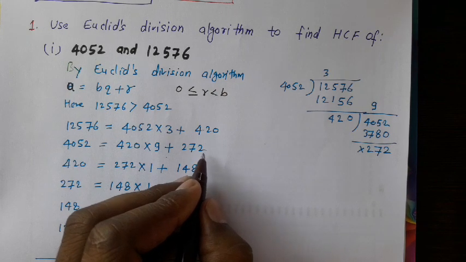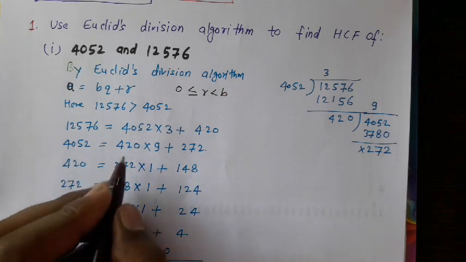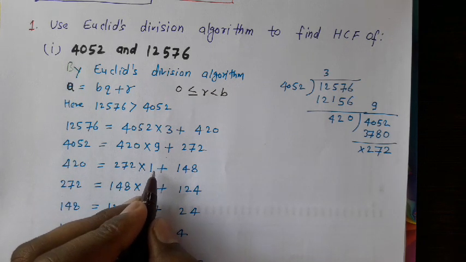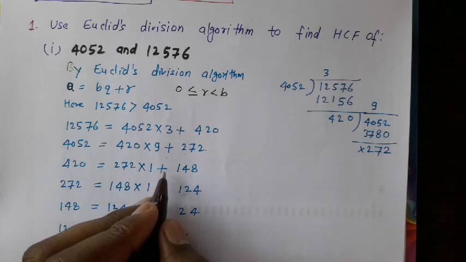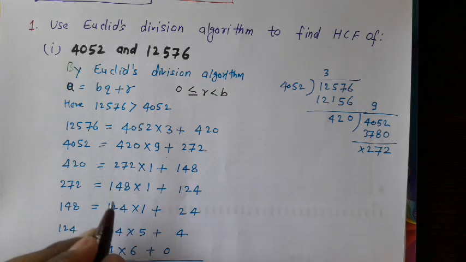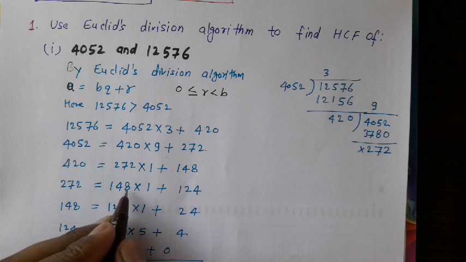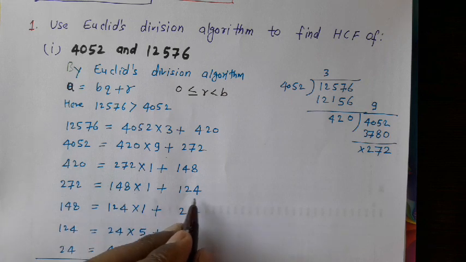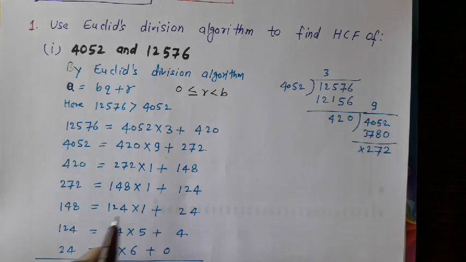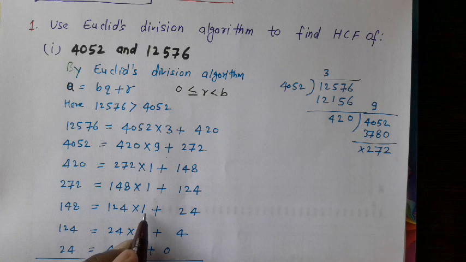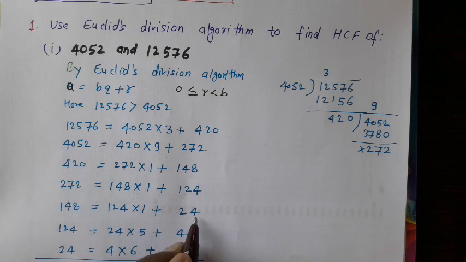R is not 0, repeat this step: 420 dividend, 272 divisor, quotient will be 1 plus 148. Again 272 dividend, 148 divisor, quotient 1 plus remainder 124. Again 148 is the dividend, 124 the divisor, quotient is 1 plus remainder 24.